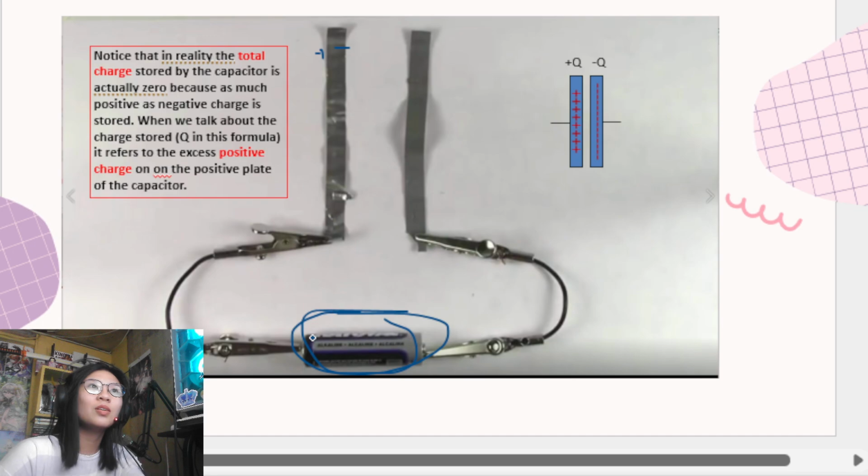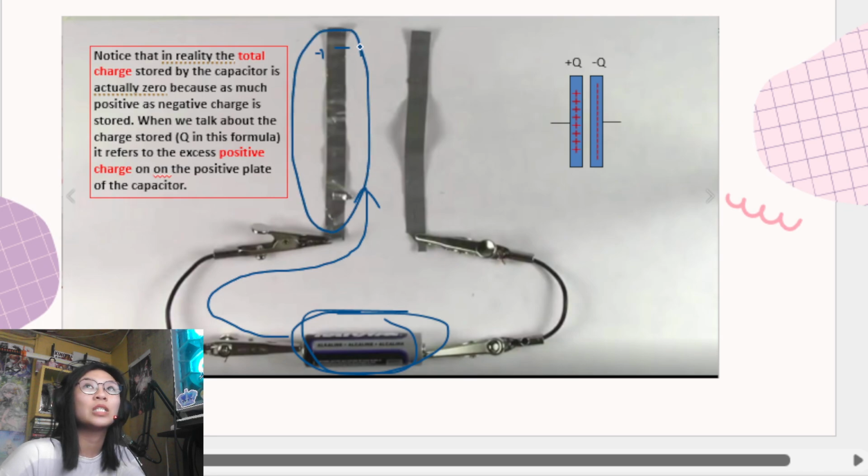So if nakay source, ang iyahang negative or electrons will accumulate in this strip. So this becomes dominantly negative. Daghan ang iyahang negative kaysa sa iyahang positive, therefore making it negatively charged.